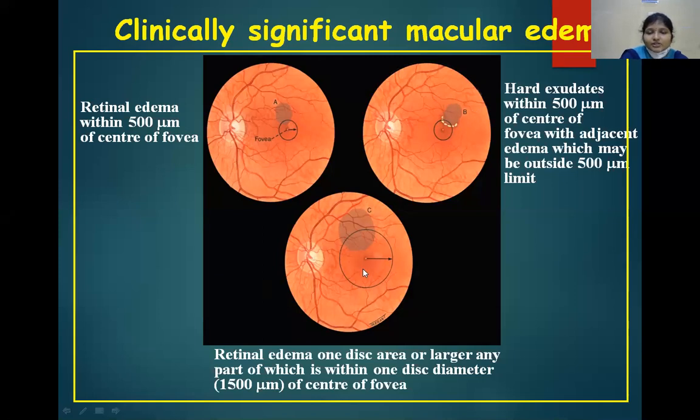Another condition which is also categorized under CSME is retinal edema of about 1 disc area or larger. See, this is almost more than the size of the optic disc. So, retinal edema of either 1 disc diameter or more, and a part of it must be within 1500 microns from the center of the fovea.